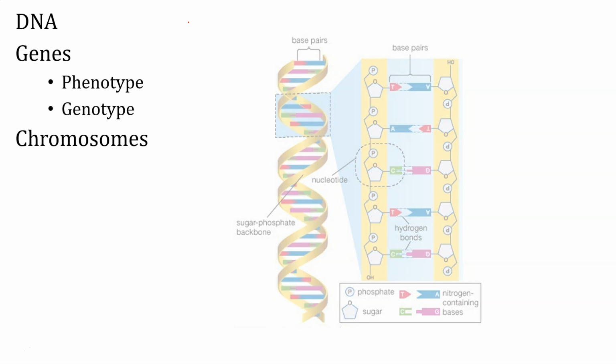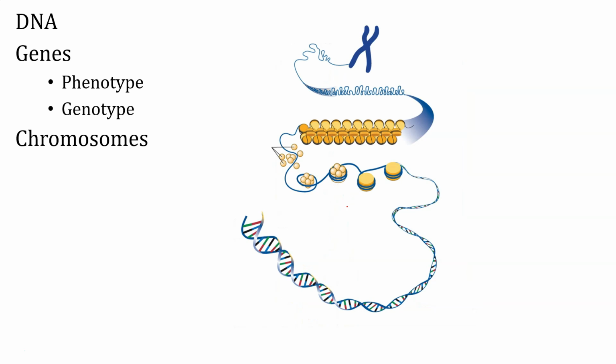Okay, chromosomes are arranged like this. We've already seen a picture of something like this, but just for reference sake, the DNA is going to wrap around these protein complexes that will form what's known as a bead on a string model here.